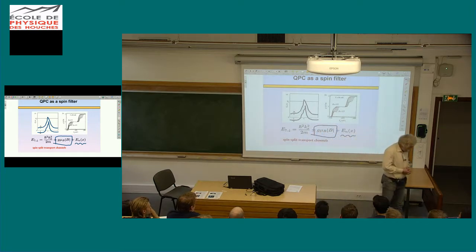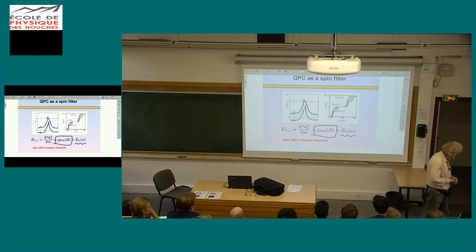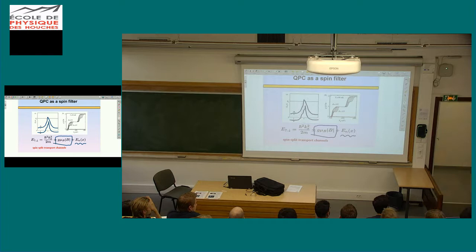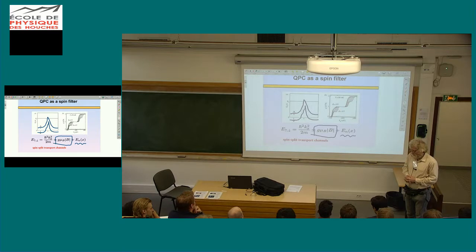I kind of always feel ashamed. This feature is also pretty clearly visible on the first curve I showed, the first ever experiment with a quantum point contact. And it's clearly seen in most experiments with quantum point contacts.